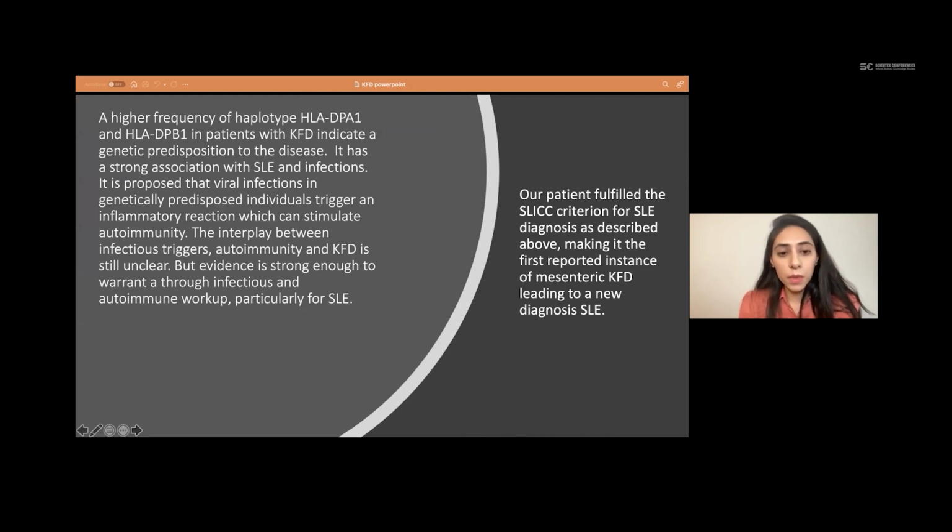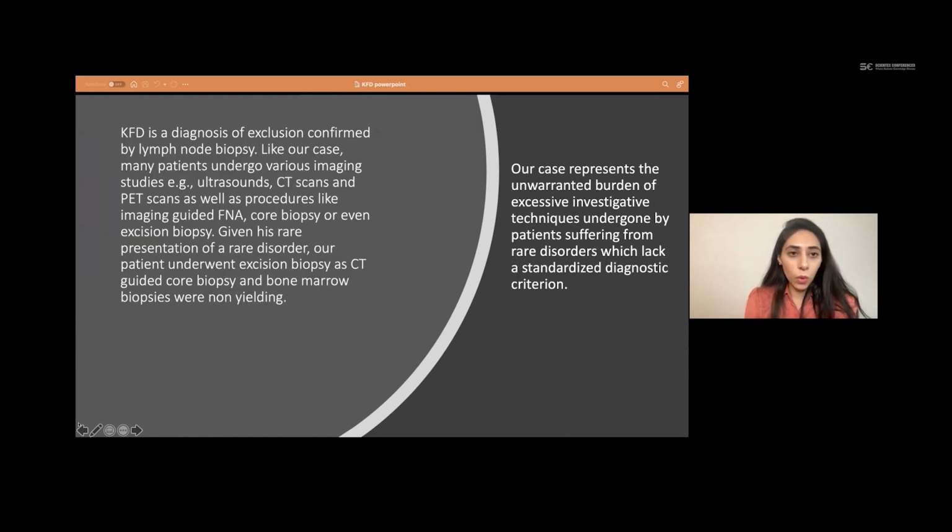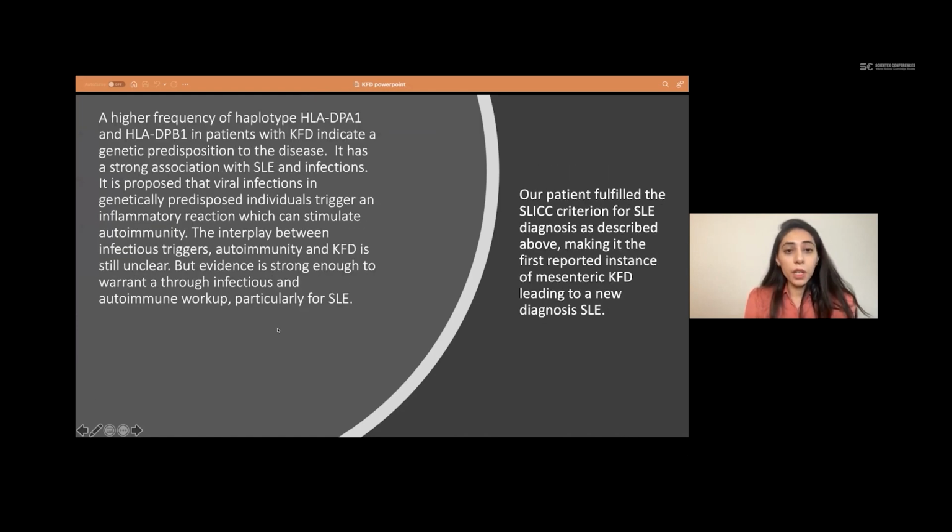Going into a little bit of genetic predisposition of the disease, we have seen that there's a higher frequency of haplotype HLA-DPA1 and HLA-DPB1 in patients with KFD, and it indicates a genetic predisposition to the disease. So KFD has a strong association with SLE and infections.